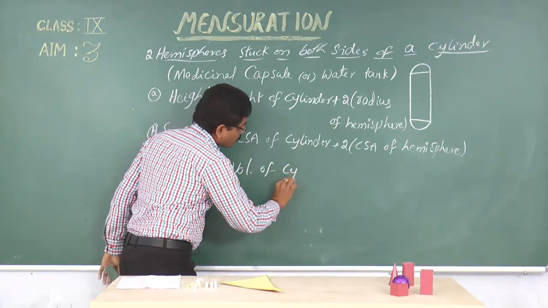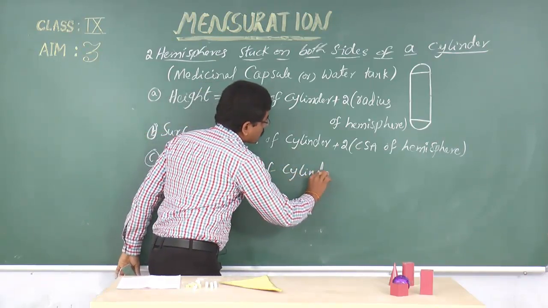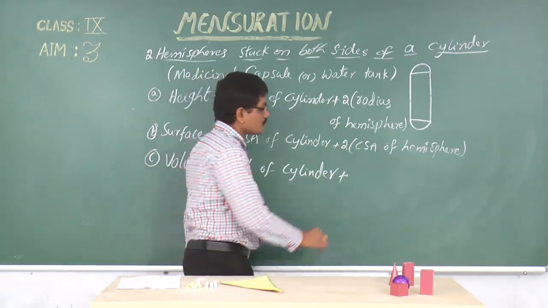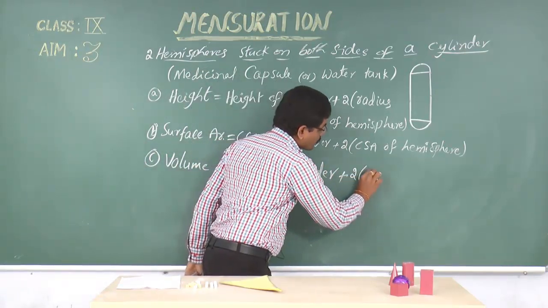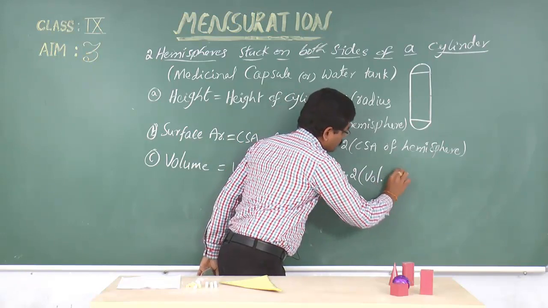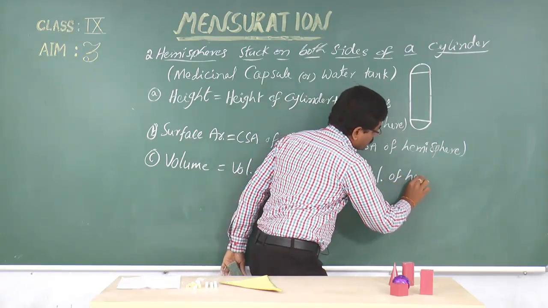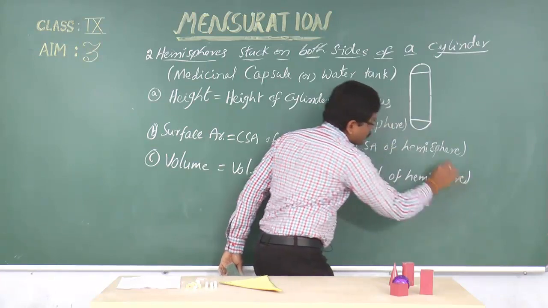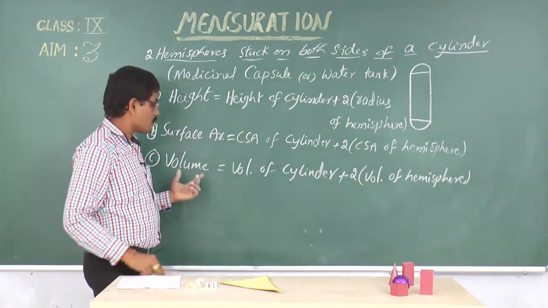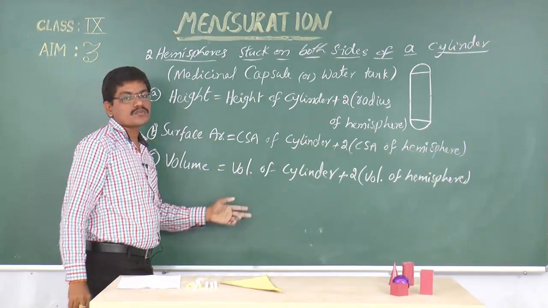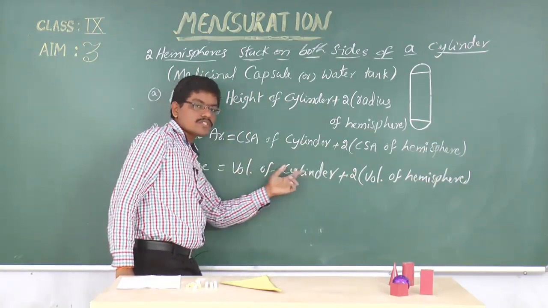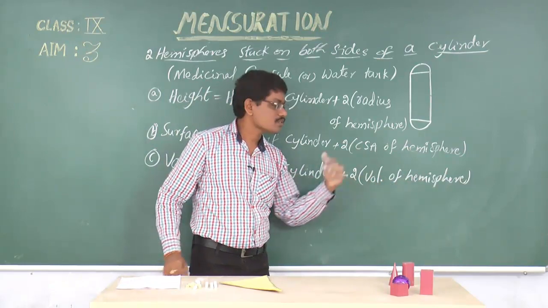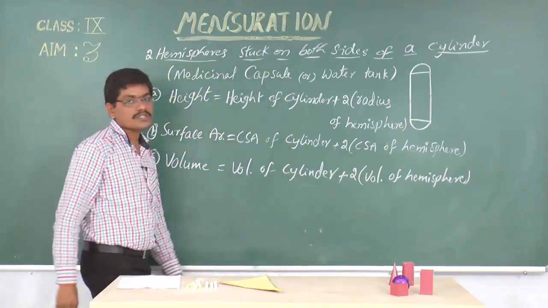So volume of that solid is equal to volume of cylinder plus 2 into volume of hemisphere. So this is one solid.